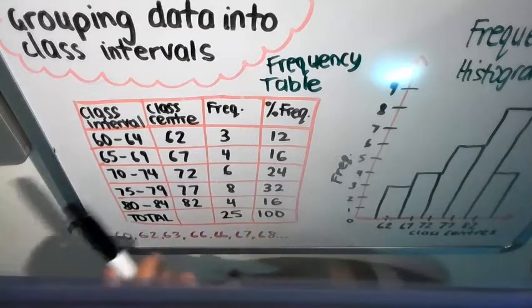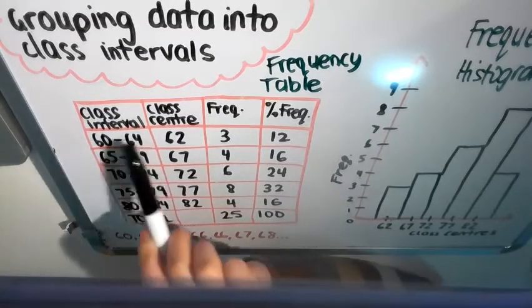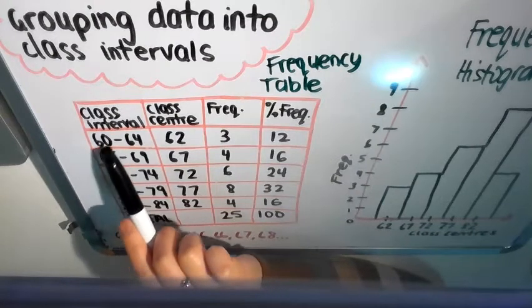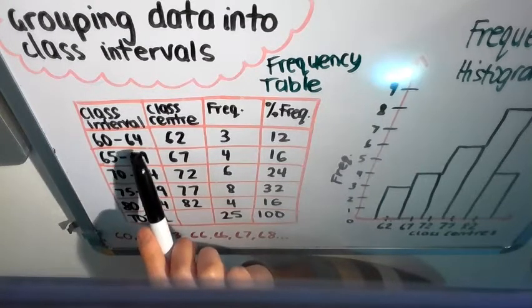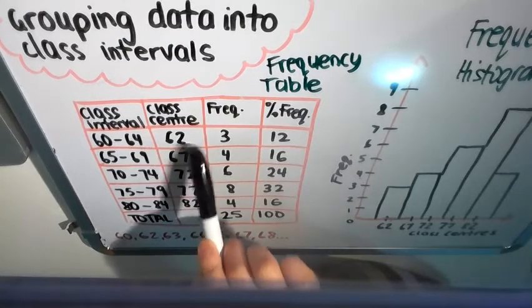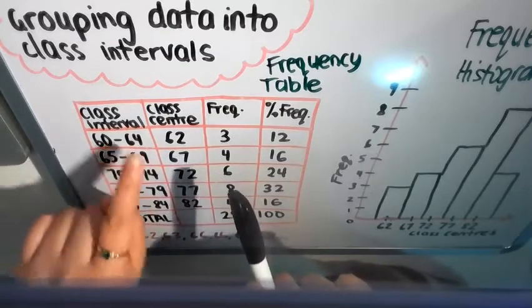In the first class, this class contains all scores that lie between 60 and 64, including 60 and 64. The class center is the middle number of the class group.